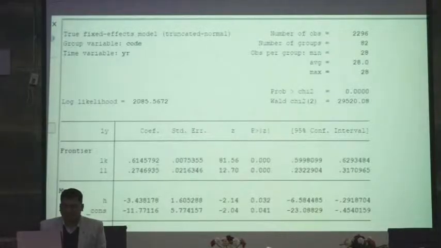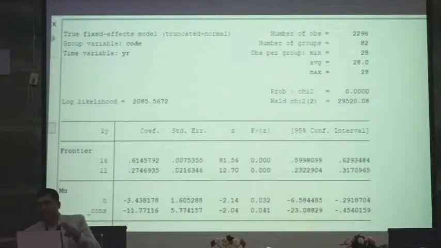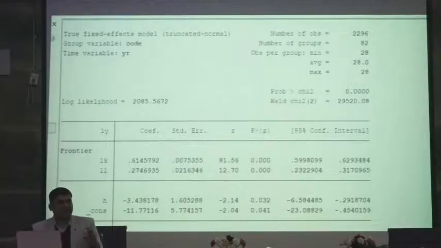And this mu is the inefficiency term, and this mu has this h. This is the regression of the inefficiency term on the h variable, because we are interested in checking whether there is any variable having impact on inefficiency.